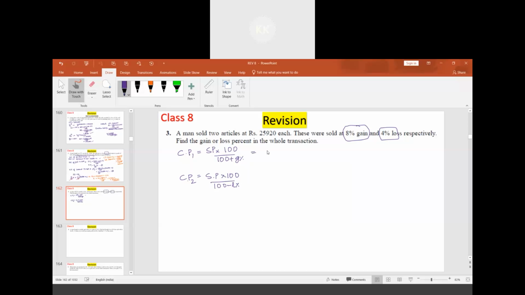So using the formula, CP1 is 25,920 into 100 divided by 108. Same way, CP2 is 25,920 into 100 divided by 96. These two values we need to find.